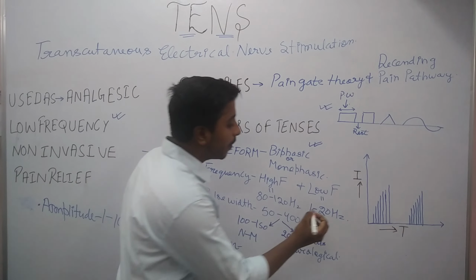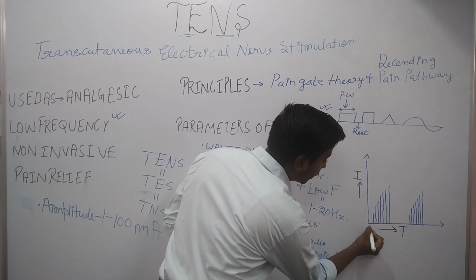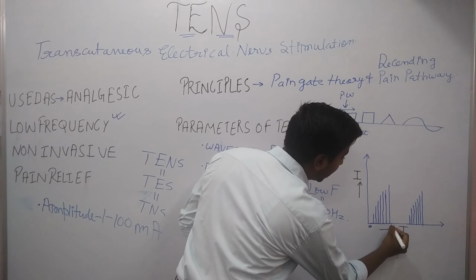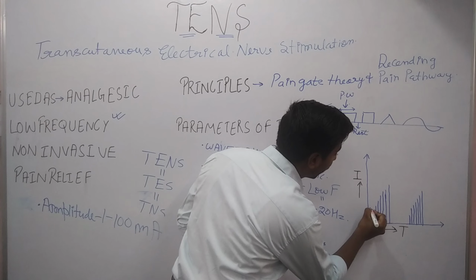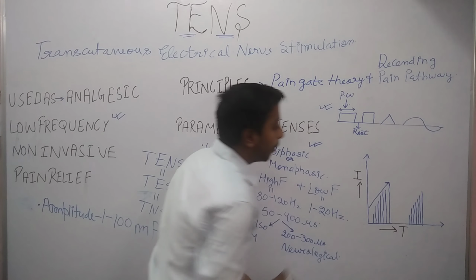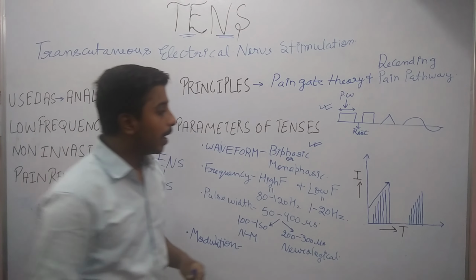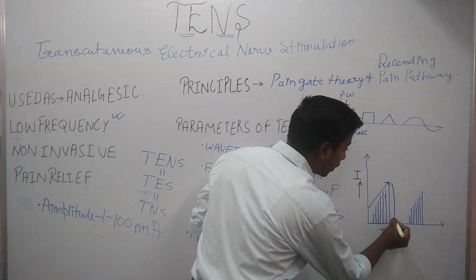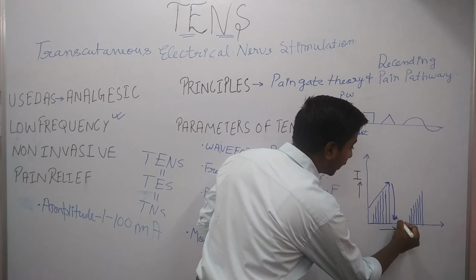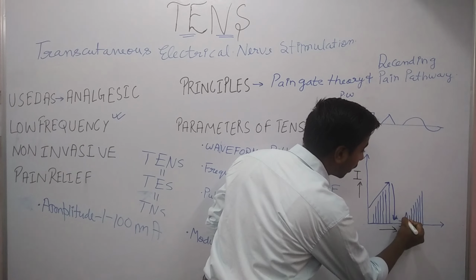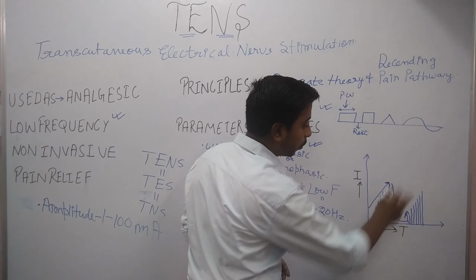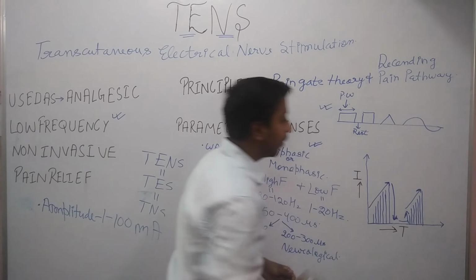You can see in this graph, the modulation first increases from 0 to a peak level, a preset value, and then it again comes back to 0. Then it increases again from 0 to the preset value.